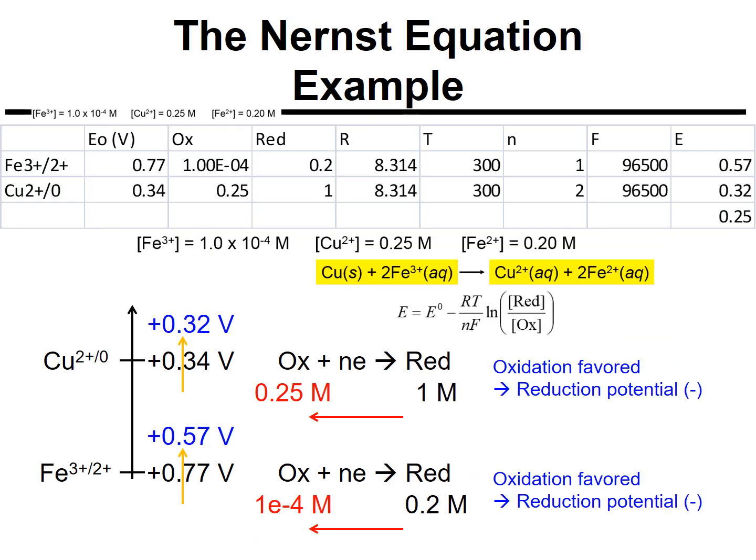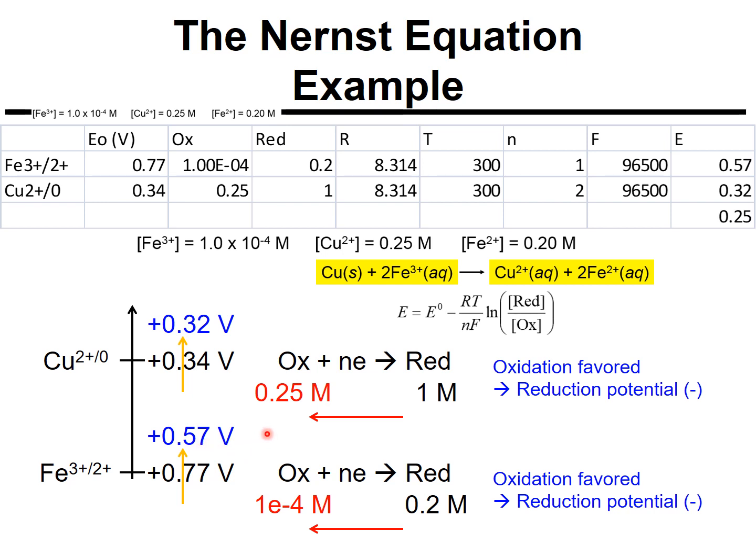I applied the same Nernst equation to the half-cell reactions for copper and for the Fe species. Then the half-cell potentials were obtained: plus 0.32 volt for Cu2+/Cu, and plus 0.57 volt as the reduction potential for Fe3+/Fe2+.